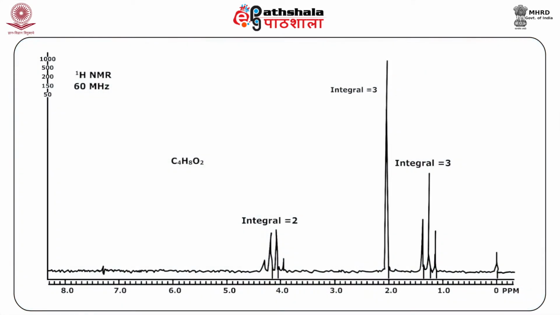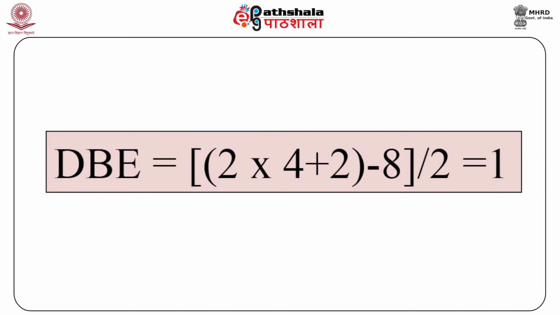The compound with the formula C4H8O2 is an ester. Give its chemical structure and assign the chemical shift values. Look at the spectra very carefully. We observe that the double bond equivalence is equal to (2 times 4, where 4 is the number of carbon atoms, plus 2 minus 8, where 8 is the number of monovalent atoms) divided by 2, which is equal to 1.